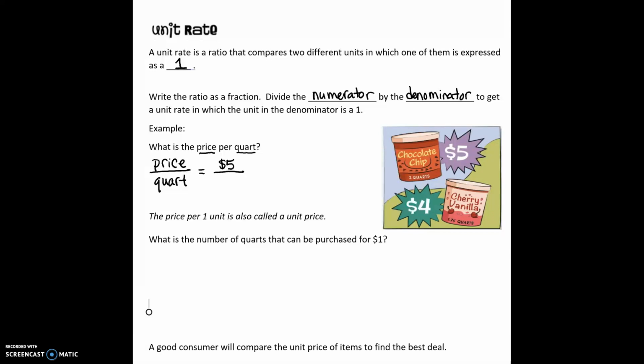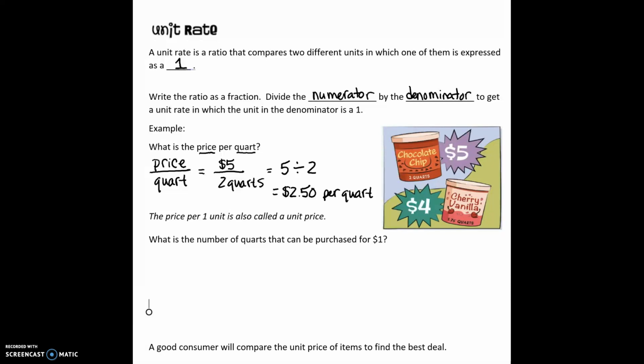It costs $5 for 2 quarts. Now, if I want to find the price for 1 quart, I simply divide my numerator of 5 by 2. Remember, the fraction bar also means division. So 5 divided by 2 gives me an answer here of $2.50 per quart of ice cream.